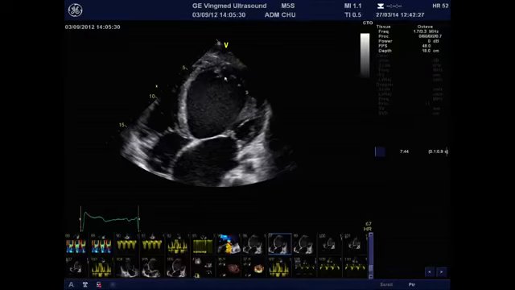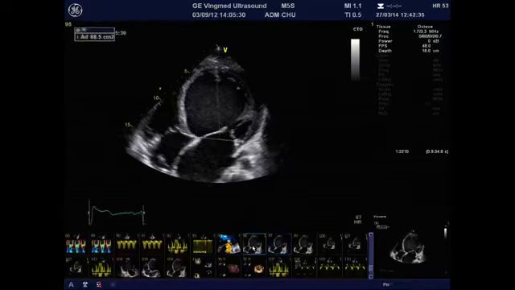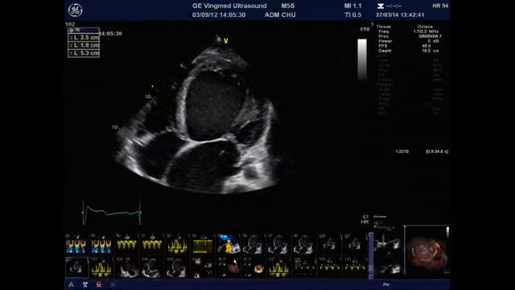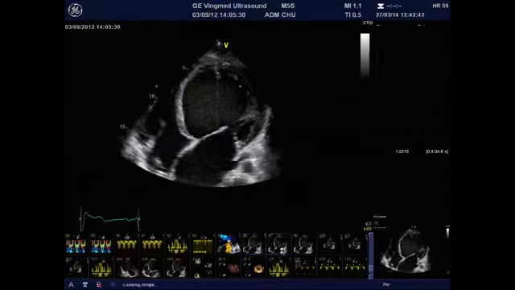But in these patients, we have 2 conditions. We have a severe global left ventricular remodeling that could be quantitated by the left ventricular volumes, and we have here one of the measurements, and we will see this later on, how we can assess all the measurements regarding the ventricle.